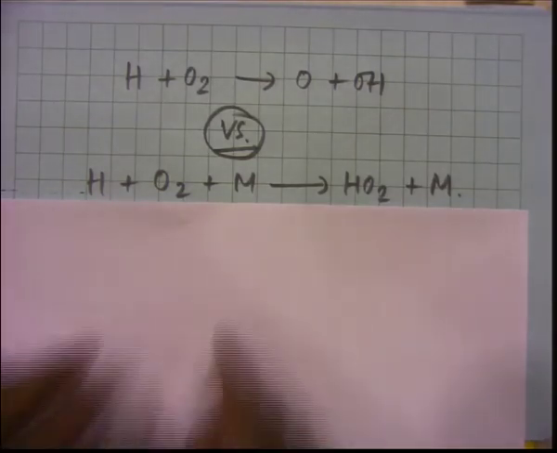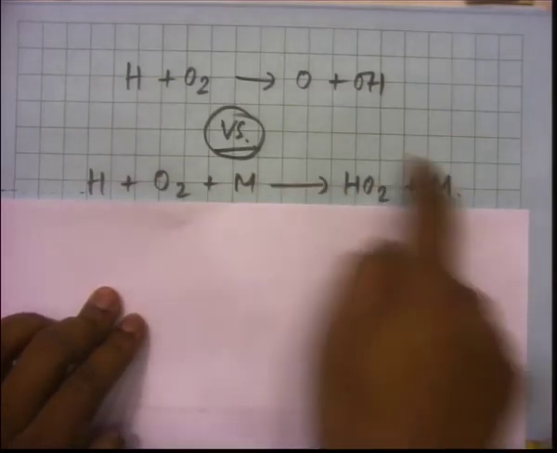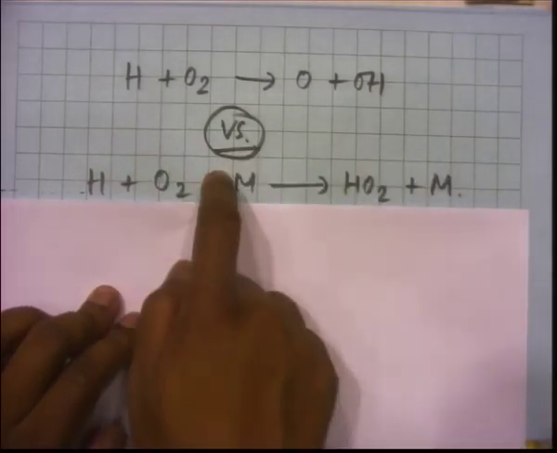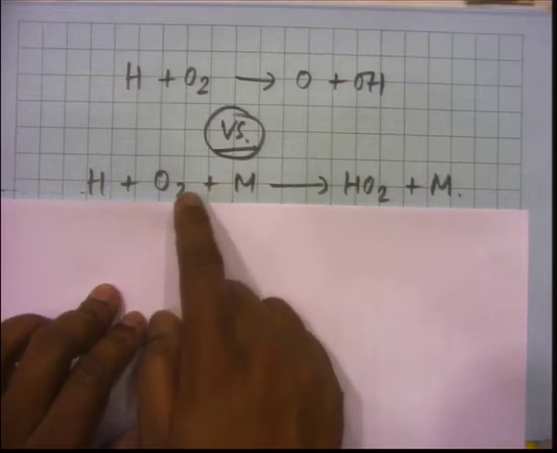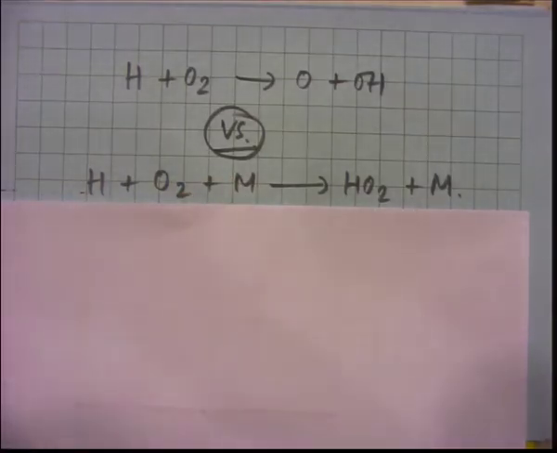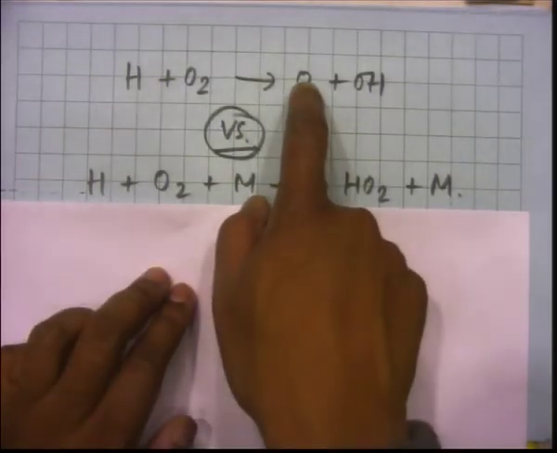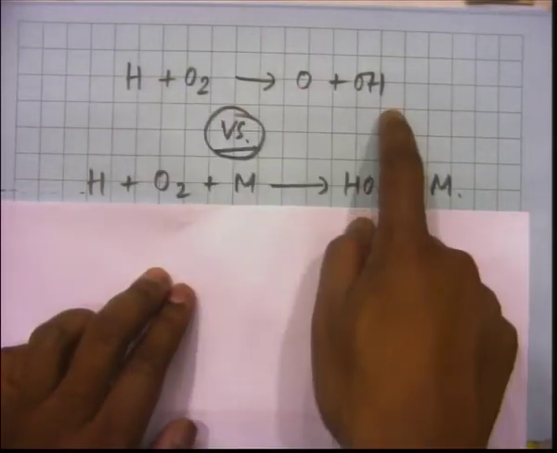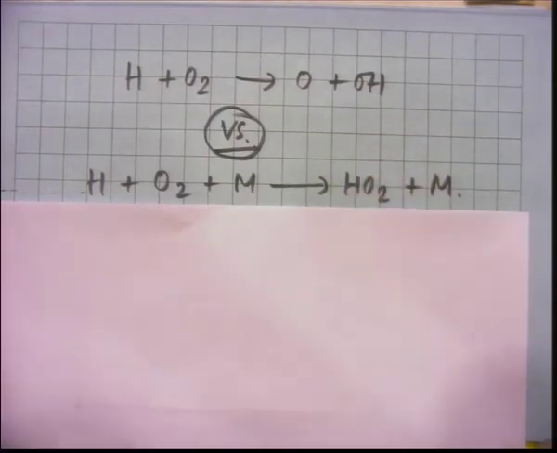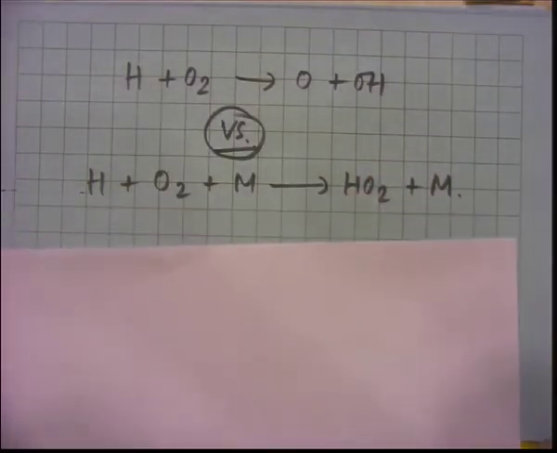So, if it is non-explosive, then this means this is winning. And why is this winning? What did we say then? 3-body. So, it has got a higher rate of increase of its rate as you increase pressure. So, now this dominates over this reaction, okay, and then you go into a non-explosive regime.